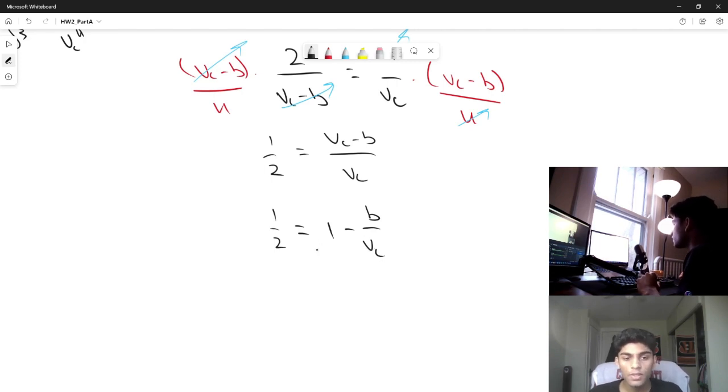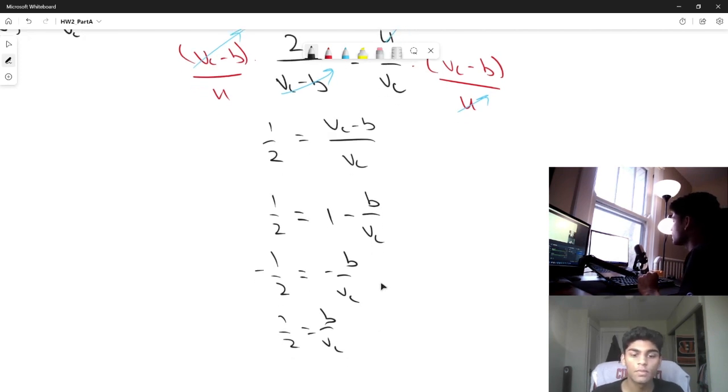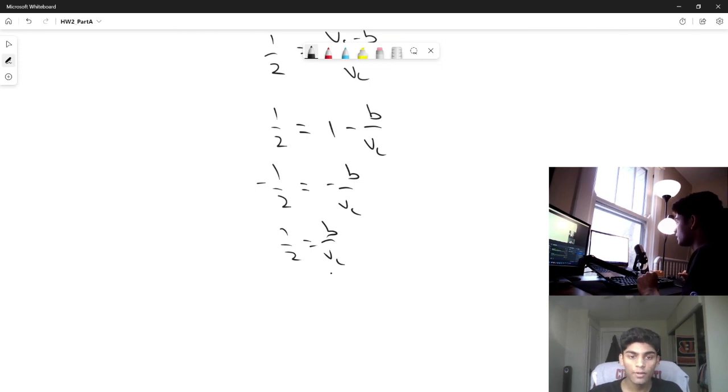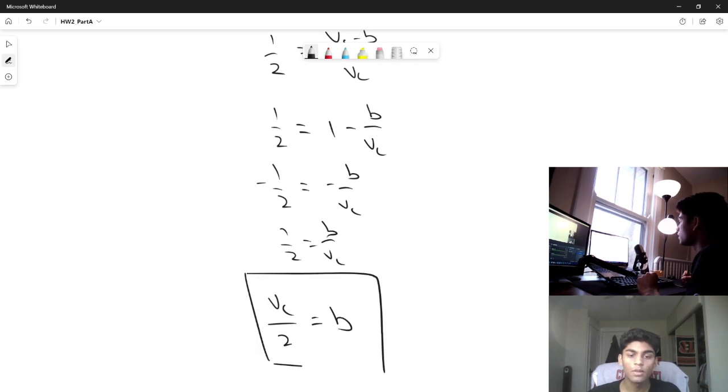So now let's go ahead and subtract 1 on either side. We have negative 1/2 equals negative b over Vc, and 1/2 equals b over Vc. And so eventually we just get Vc over 2 equals b. So that's our first coefficient all done and derived.